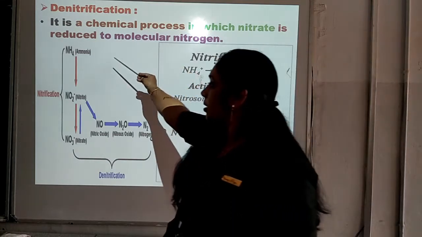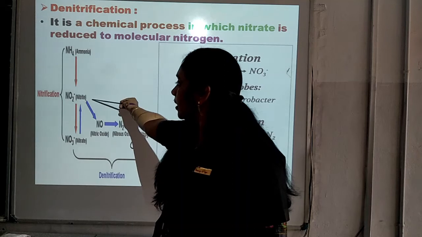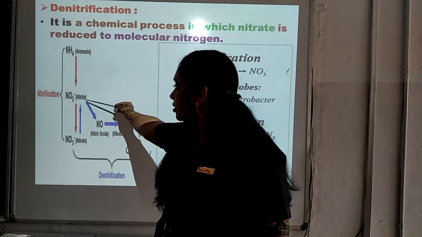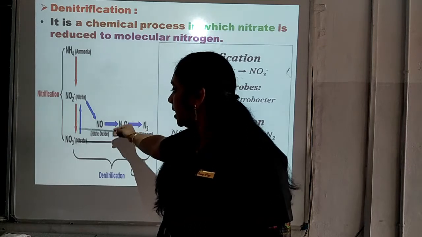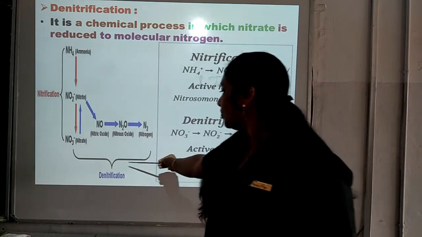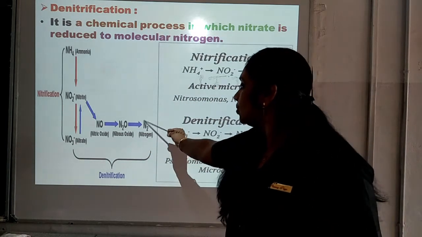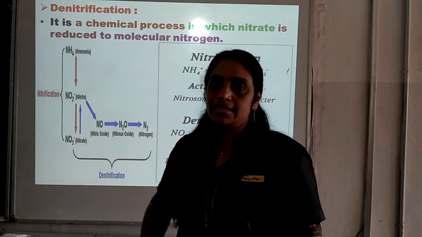First ammonification, and then nitrification is taking place, from ammonia nitrite is formed, then nitrate is formed, and this nitrate again is giving rise to the molecular nitrogen.